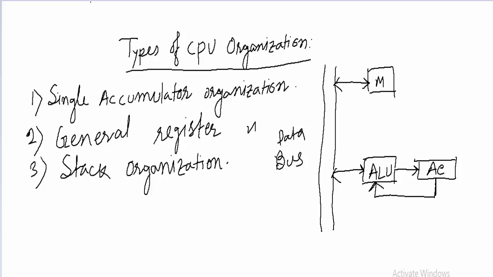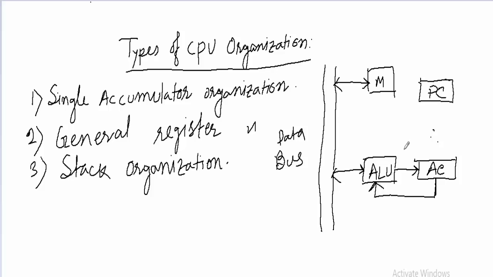We have only a few registers. The special register present here is the accumulator, or maybe there can be a register like the program counter. This program counter will say what is the next instruction that has to be fetched from the memory.